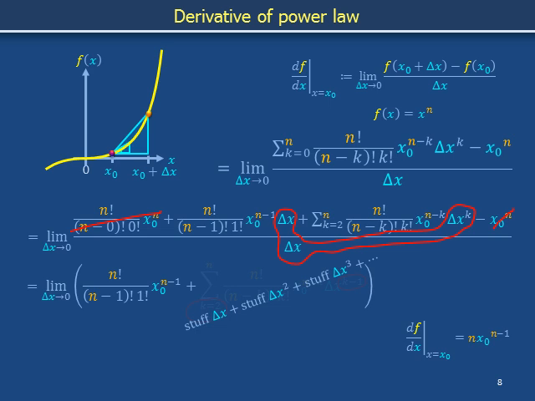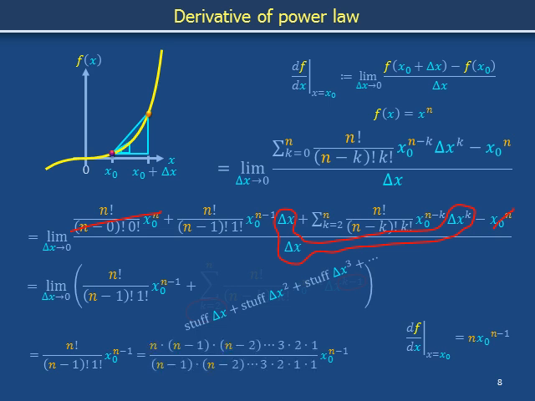As delta x approaches 0, the sum of n factorial over n minus 1 factorial times x naught to the n minus 1 plus all of these terms with ascending powers of delta x becomes arbitrarily close to simply n factorial over n minus 1 factorial times x naught to the n minus 1, which itself can be written out using the definition of a factorial in terms of factors descending in the numerator from n and in the denominator descending from n minus 1 and from 1.